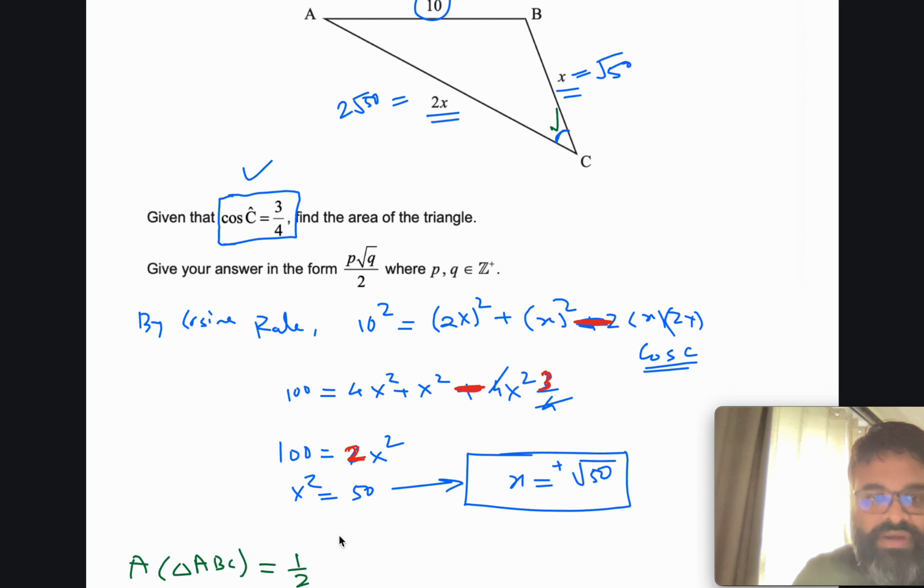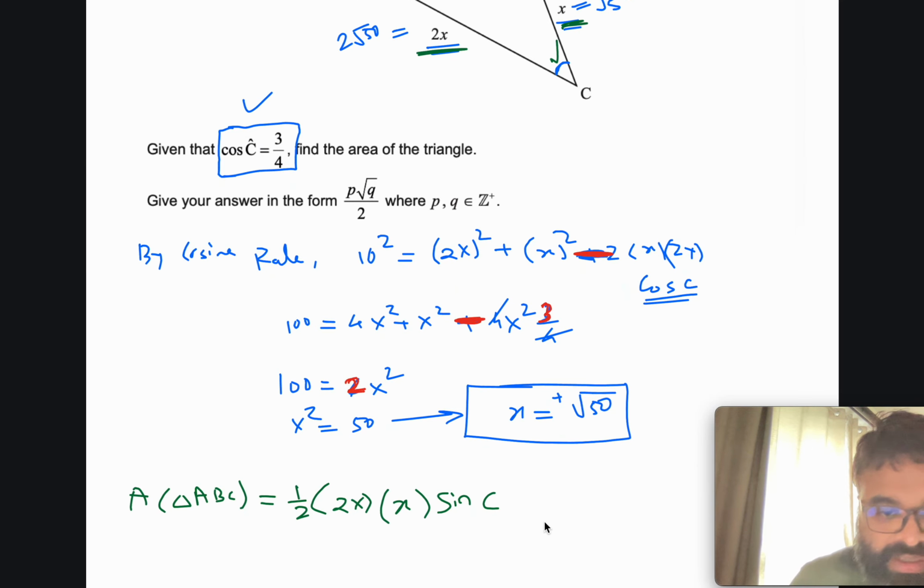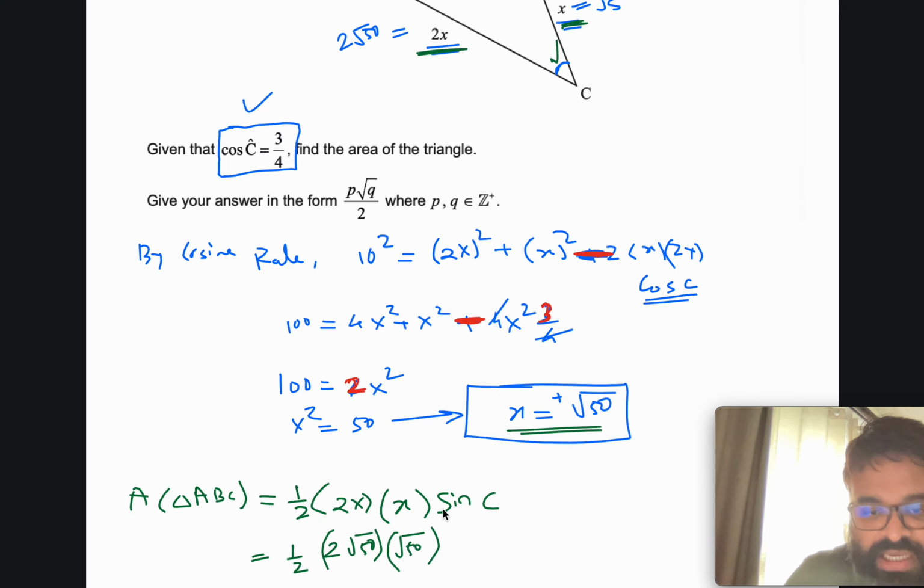So half times 2x, this side, times x, this side, and sine C. Now from here we know all the values. So it is 1 by 2, the x value is root 50, 2 root 50, root 50, and you can also find sine C because you already know cos C is 3 by 4.